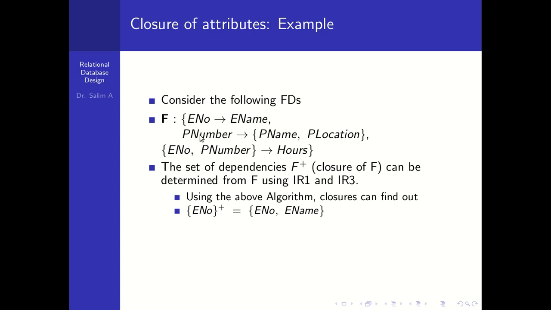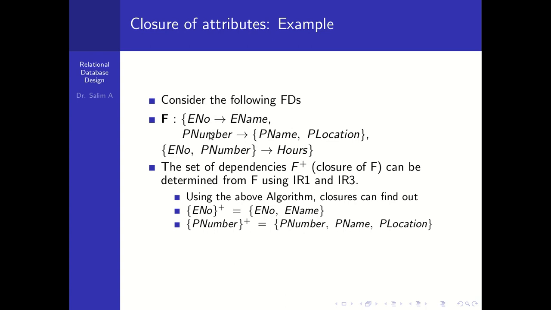Therefore, we verify with each of the other given FDs whether the current closure has that left hand side. If so, the right hand side will be added. In this E number case, you have only these two attributes in the closure of E number.